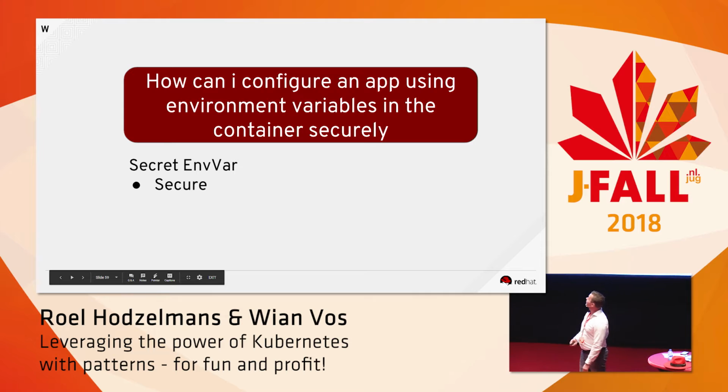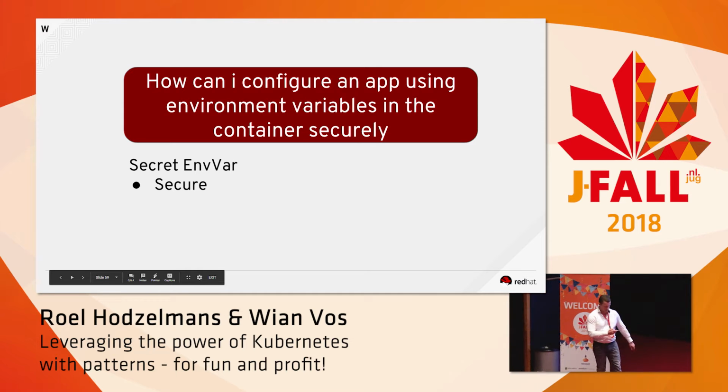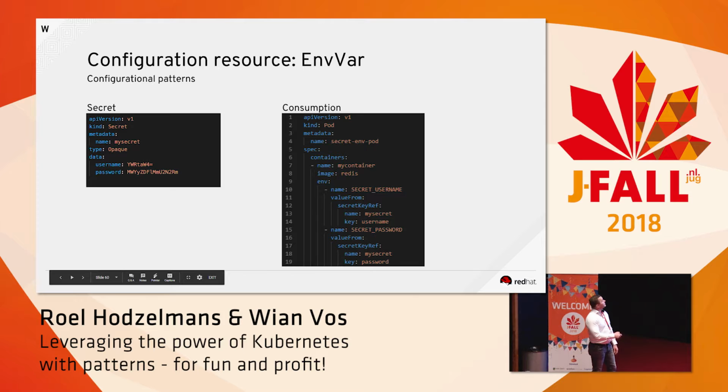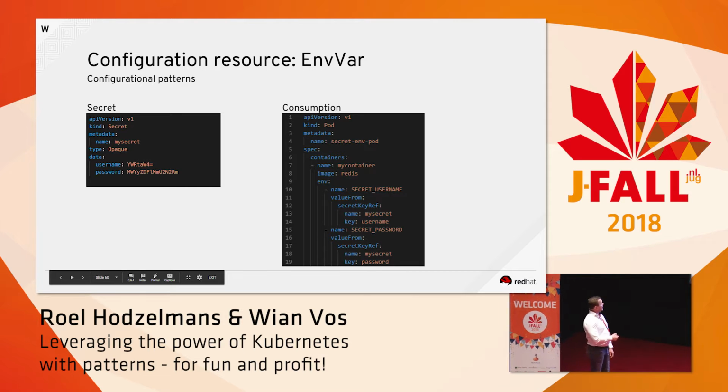So how can I configure an application using a secure method? For that, Kubernetes has secrets. And yes, you can use secrets as an environment variable. The way that works, you define a secret, and these are base64 encoded.